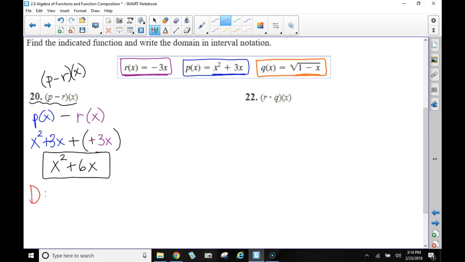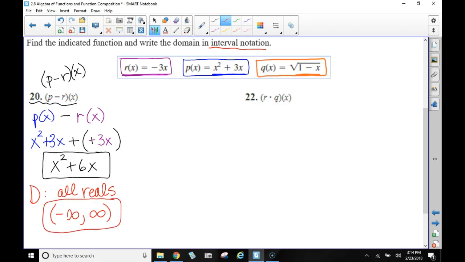So the domain of this function is the set of all values for x for which the function is defined. Okay, it's undefined when we get 0 in the denominator or a negative under an even indexed radical like a square root, fourth root. So really here the domain is all real numbers, all reals. Oh, but they said to write the domain in interval notation, so we probably need to say -infinity to +infinity.